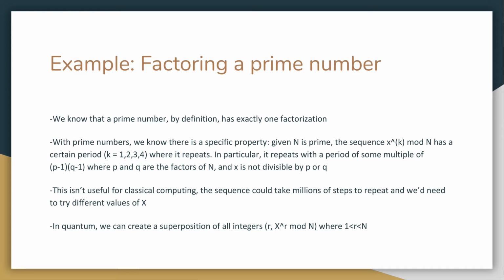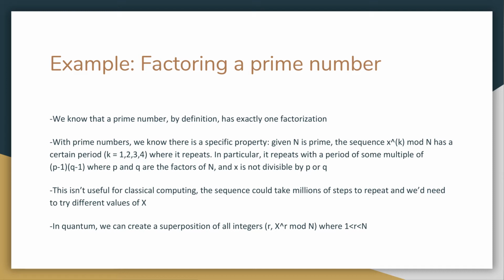So we know a number like this has exactly one prime factorization. And there's a very interesting property. You have this number, we call it n. The sequence x to the k modulo n has a certain period where it repeats.